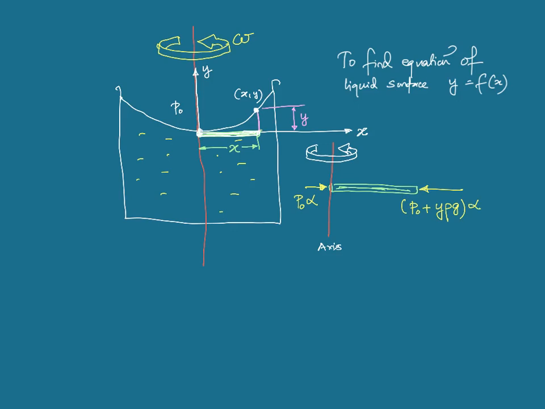Now for a rigid body like this, when you apply Newton's law on the rigid body, you have to consider its center of mass. Its center of mass is at a distance x by 2 from the axis, so the center of mass of the cylinder is in circular motion of radius x by 2.